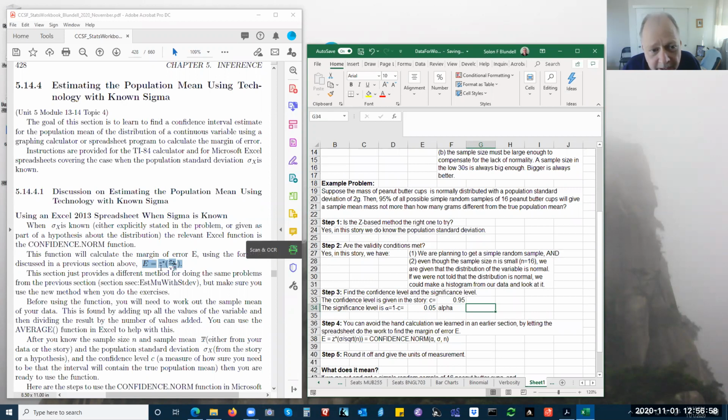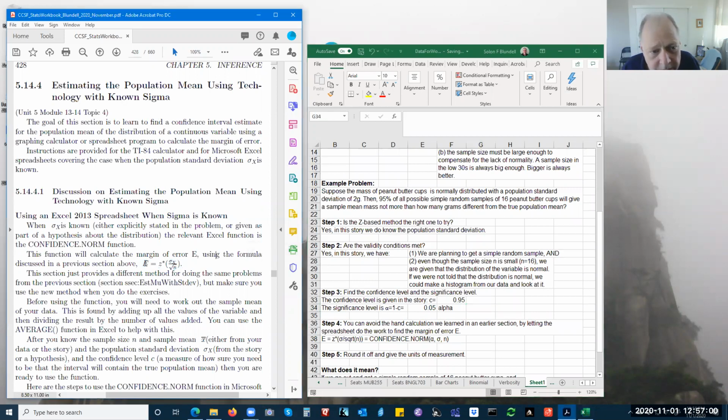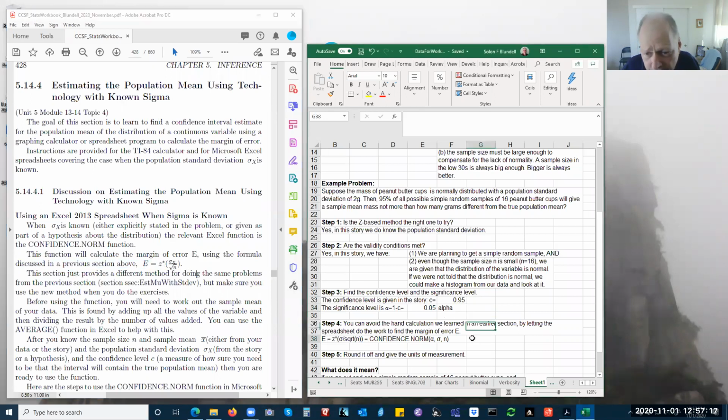And then if I was working by hand, I would do this formula over here in the workbook, but I'd have to look up the critical value of z, the z star, and Excel is going to do that for me. So I'll type in equals to start a formula.